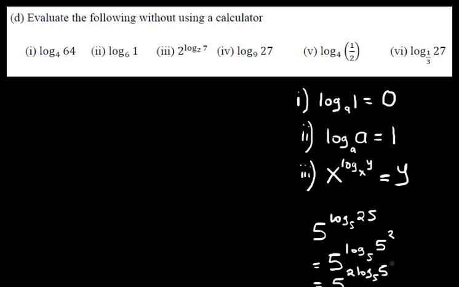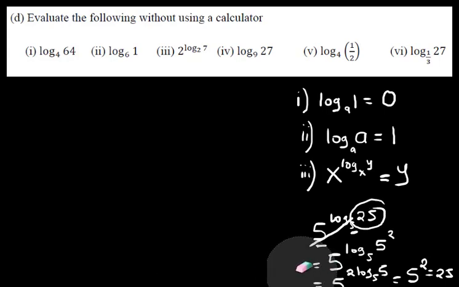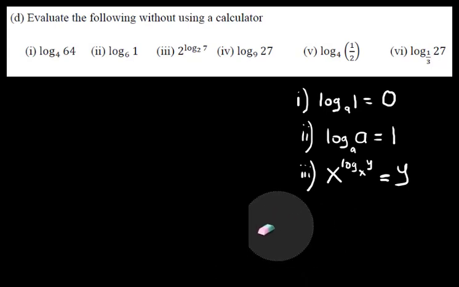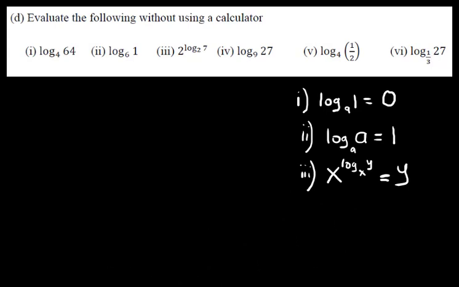Then log 5 of 5 is 1. So this is the same as 5 squared, which is equal to 25. So the easier way is whenever the base is the same as the base of the log in the power, this can always cancel out and you remain with your answer. With those 3 rules, we will be able to solve our questions.